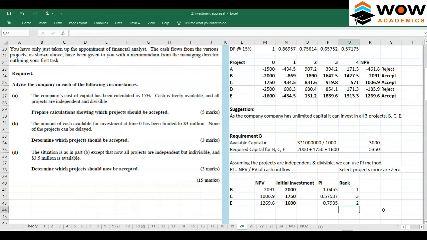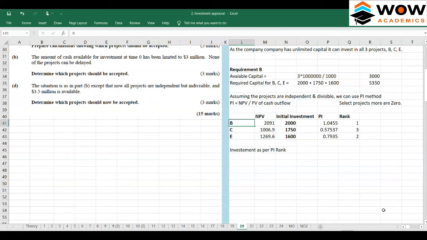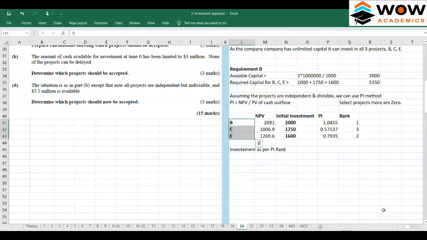So we'll put another table: investment as per PI rank. So how much can we invest?